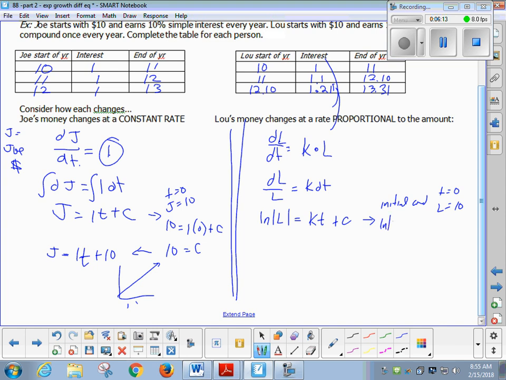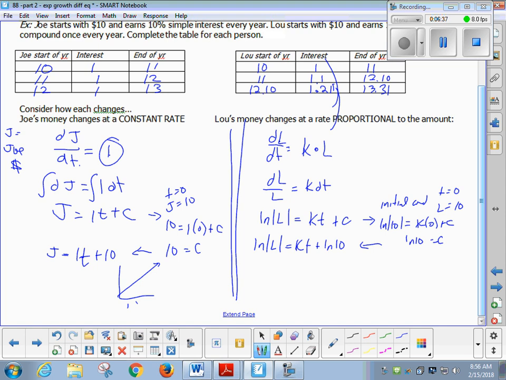Natural log of the absolute value of 10 equals k times 0 plus c. C is the natural log of 10. I really wouldn't use the absolute value. 10 is already positive in that sense. You follow? So that puts me then, when I sub it back, into natural log of the absolute value of L equals kt plus the natural log of 10.